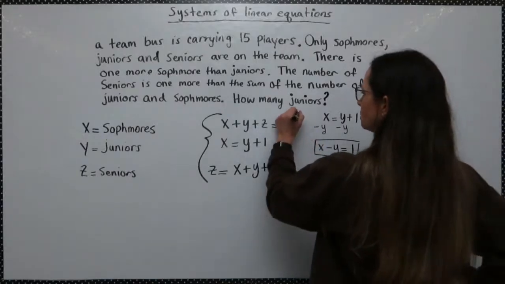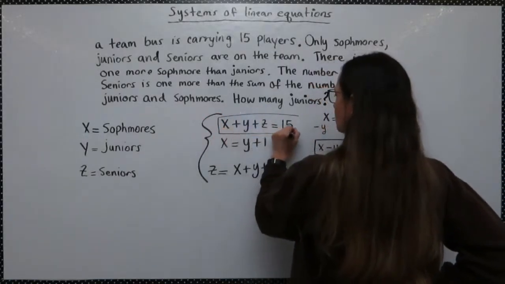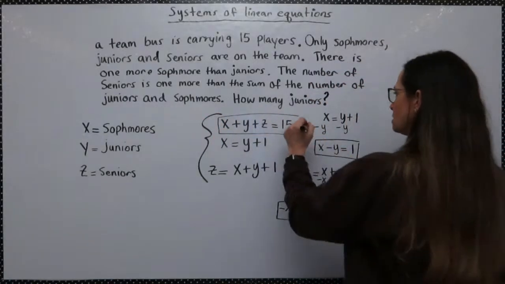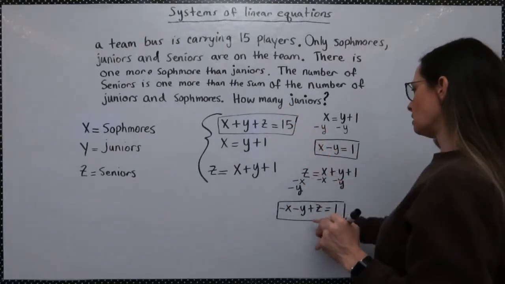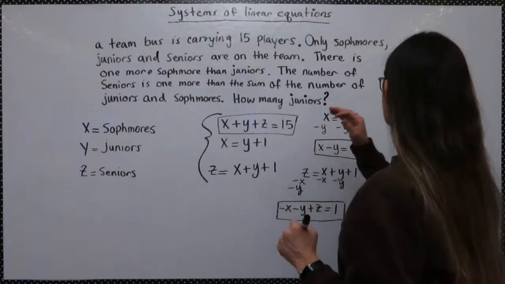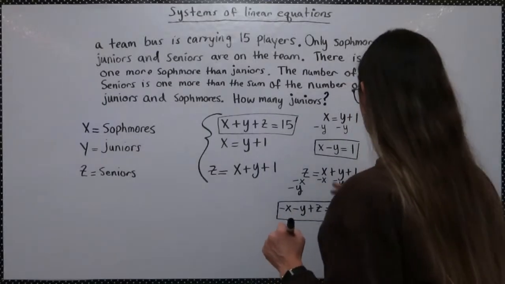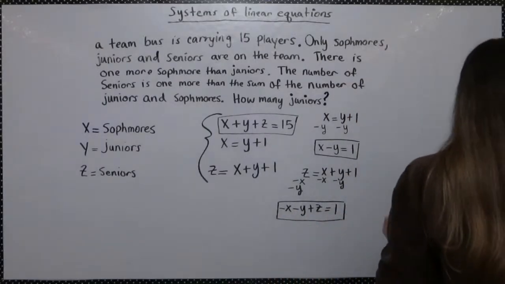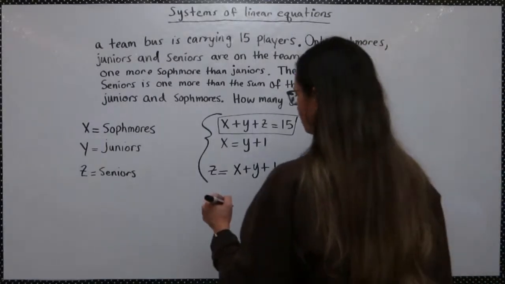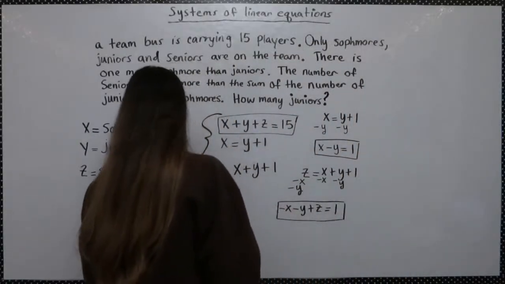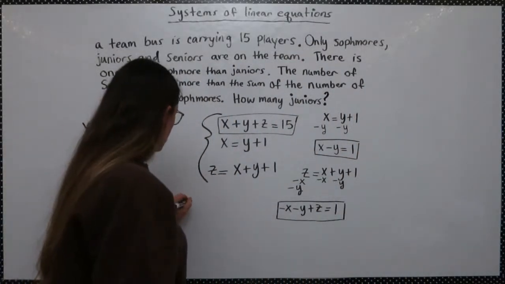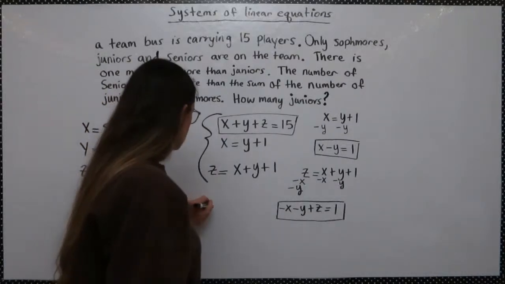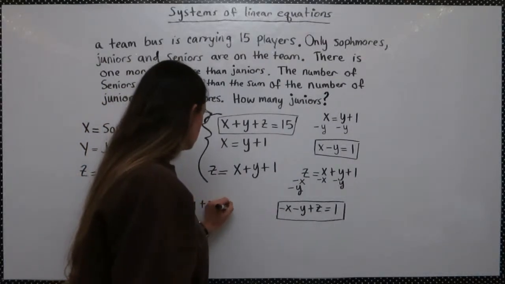And I have this one. So I'm just going to restate my system so that they line up. I can rewrite them just below here, cleaning it up a little bit: x plus y plus z equals 15.